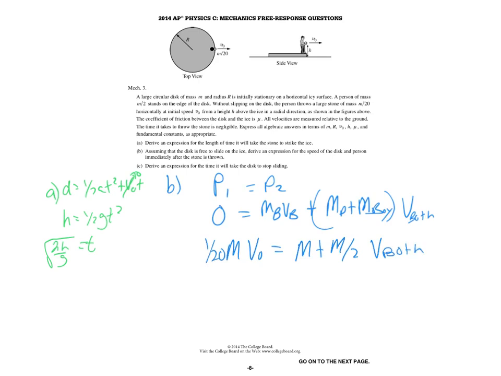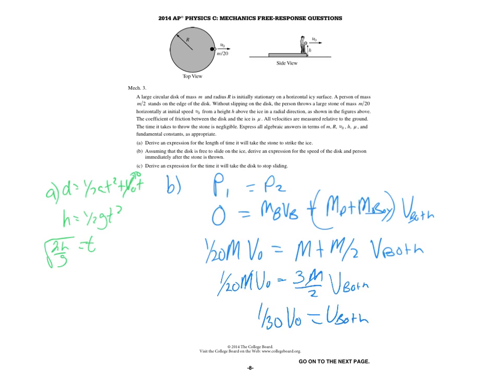And so we end up with 1/20th m v naught equals 3 m over 2 v for both of them. Then we would just solve, m's cancel, divide by 3/2, so we get 1/30th v naught equals the speed for both. So that gives us part B.